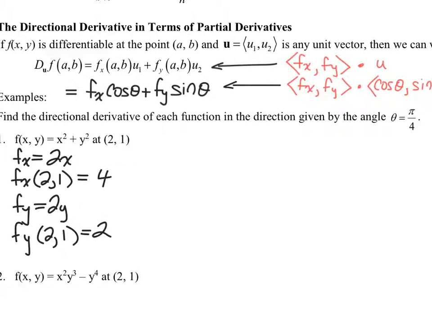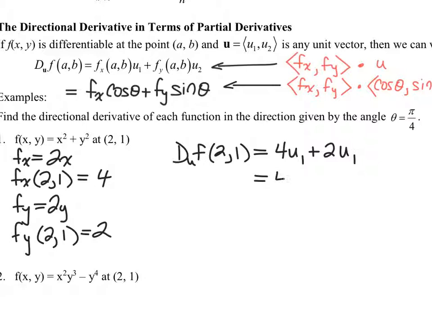All right, so my directional derivative, d sub u, in the direction of unit vector u, of function f at coordinates 2, 1, would be equal to, we could say 4u sub 1 plus 2u sub 2, but we have an angle.